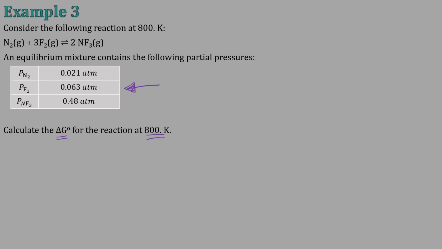So my partial pressures, these are at equilibrium, and so if they're at equilibrium, that means we can find K, and so K_P is going to be equal to the partial pressure of NF3 squared divided by the partial pressure of nitrogen times the partial pressure of fluorine cubed. So if I plug all those in, I have 0.48 squared divided by 0.021 times 0.063 cubed.